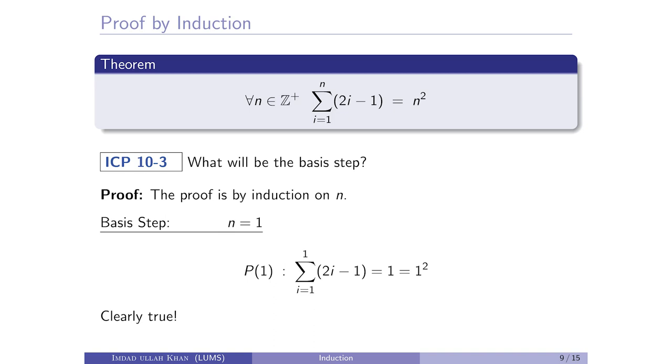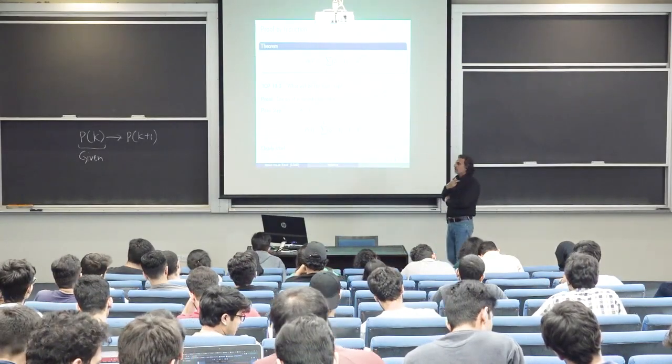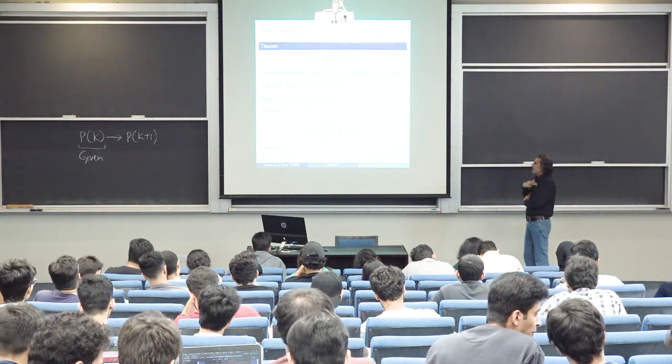Because i is starting from 1, we'll be plugging in 1. So the loop will be running one time, from 1 to 1. So the left hand side will be 2i minus 1, i is 1, so it's 1, and the right hand side is, because n is 1, 1 square is 1. Okay, so this is how it will be looking like.